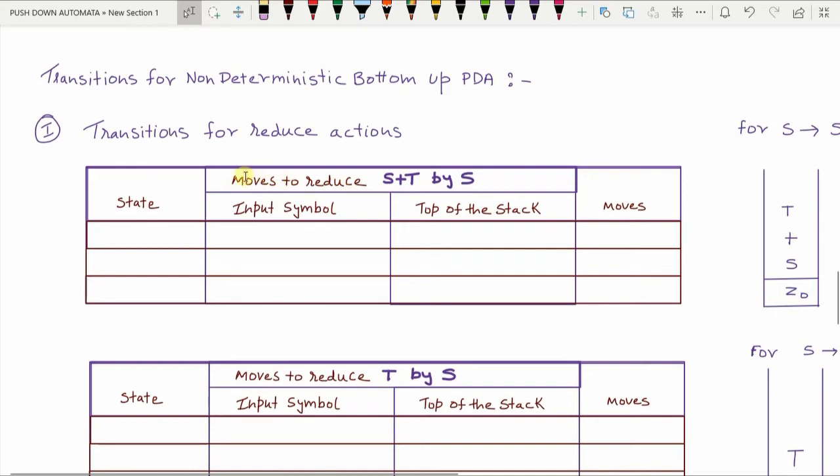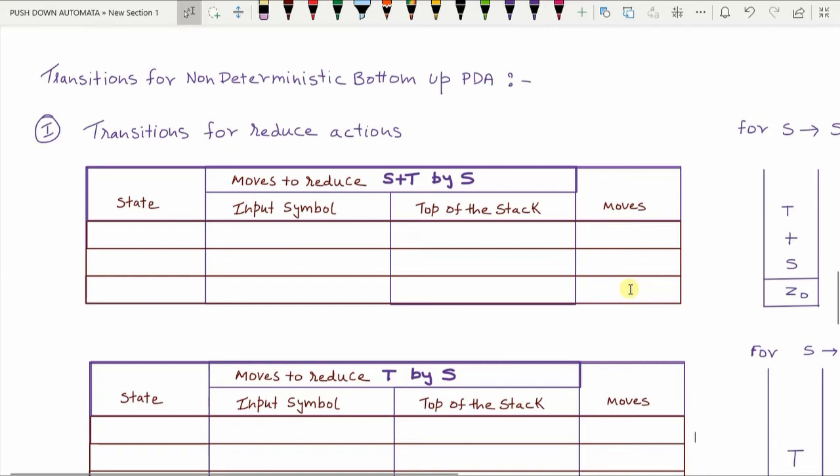Here we are going to specify the moves, the moves we are going to execute so that we can reduce S plus T, the substring which is there on the stack, to S. Then we have the input symbol and the top of the stack, and here we are going to list out the different moves.